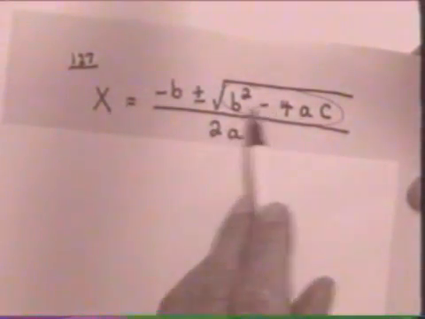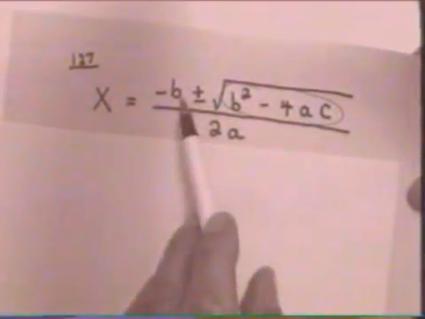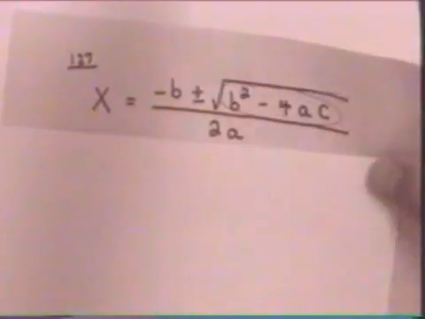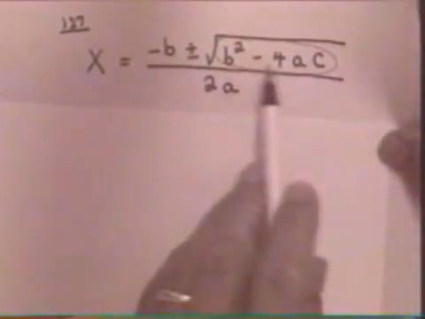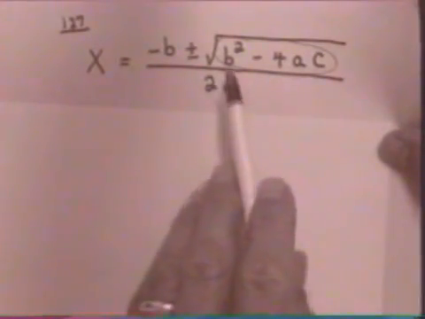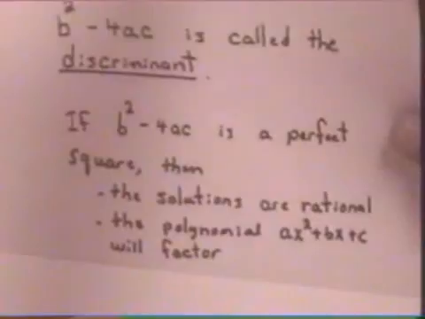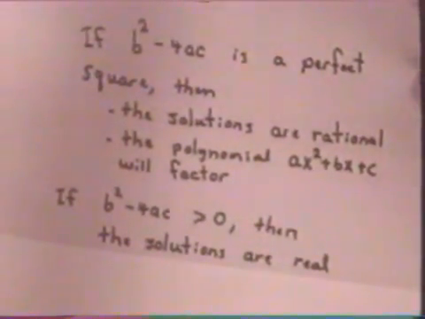If you can approximate the square root with your calculator, then you can write the answers as decimals. Real numbers are numbers that can be written as decimals. So if b squared minus 4ac is positive, I can use my calculator to take the square root and evaluate it. So the solutions are real.